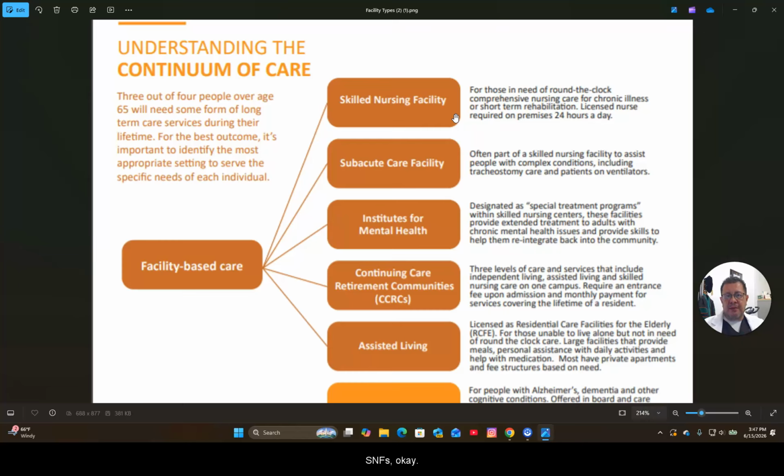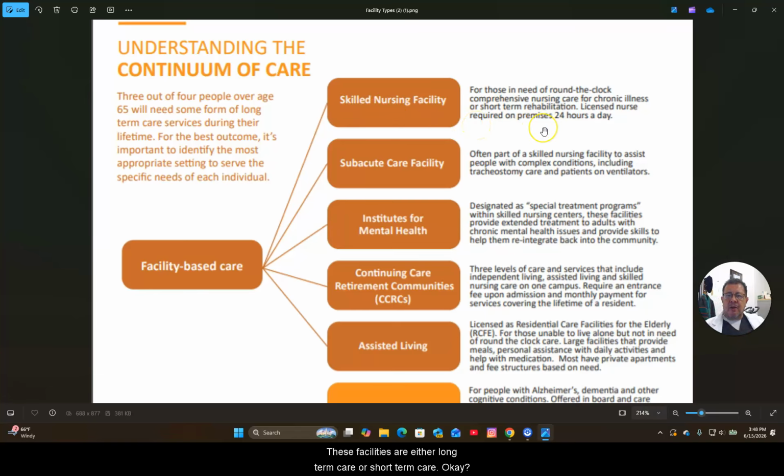And then some generic names are convalescent homes. A lot of people don't use that anymore, but probably the more popular one is nursing homes. So when we say nursing homes, it's a very generic name, but usually we are referring to, in the RDHAP world, a skilled nursing facility.